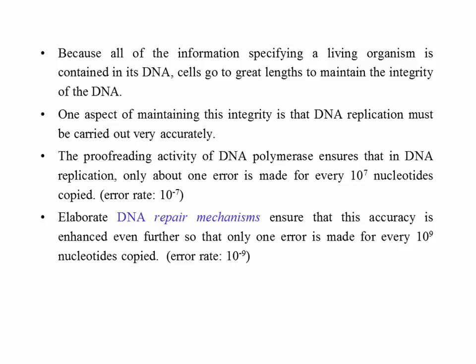And elaborate DNA repair mechanisms will enhance this accuracy even further, so that only 1 error is made for every billion nucleotides copied, right? So the error rate is 10 to the power of minus 9. Roughly speaking, if you're copying the human genome, you'll make 3 errors. Yeah, it's a lot better. In fact, I remember the first time I was reading the book on molecular biology, it gave a listing of how many errors the United States Postal Service makes in parcel deliveries, and compared that with DNA replication.